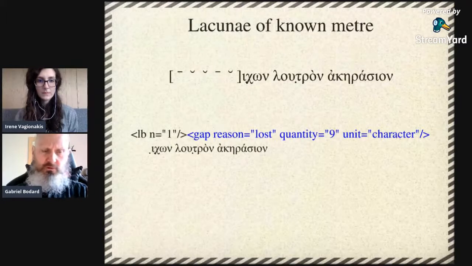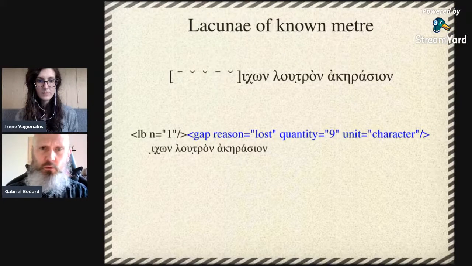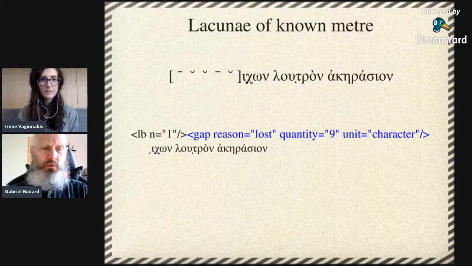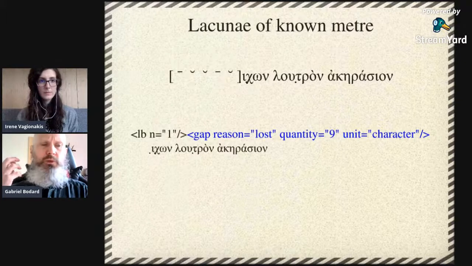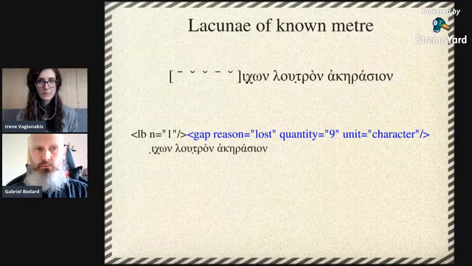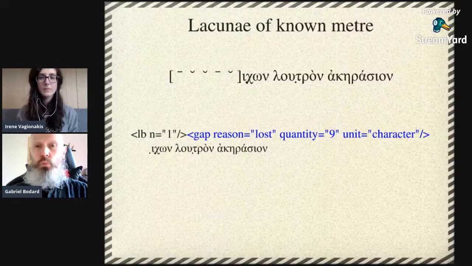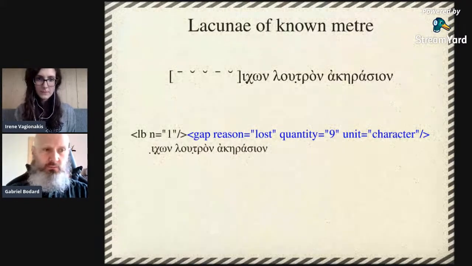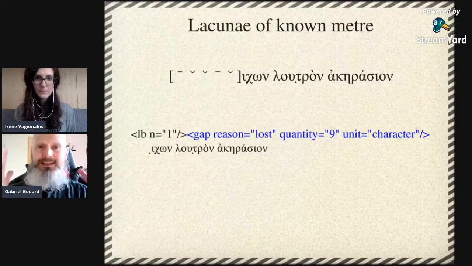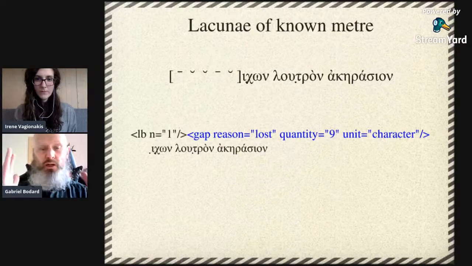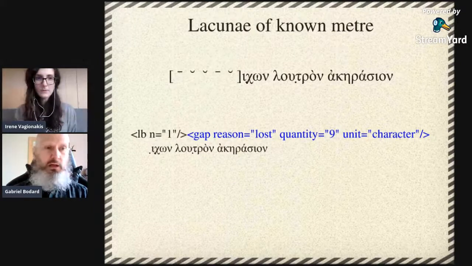That's the basic encoding we do on this text: we encode the gap, and we don't say quantity 5 syllables or 1.6 feet or anything like that. We mark up the gap as a gap of an approximate number of characters or a number of centimeters or however you measure gaps on the stone.